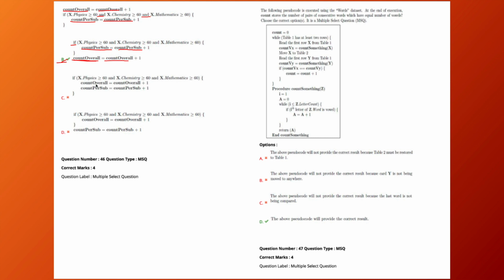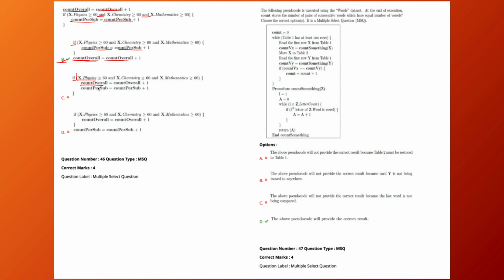Now we know that if x dot physics is greater than or equal to 60, x dot chemistry is greater than or equal to 60, and x dot mathematics is greater than or equal to 60, we have to increment the count per subject, because it is the count of the individual subjects. But here we even increment the overall count by 1 inside the nested if statement, which was supposed to count the individual subject scores.